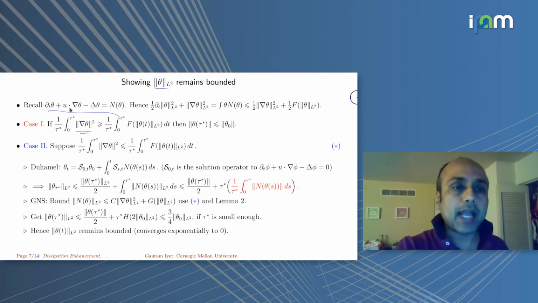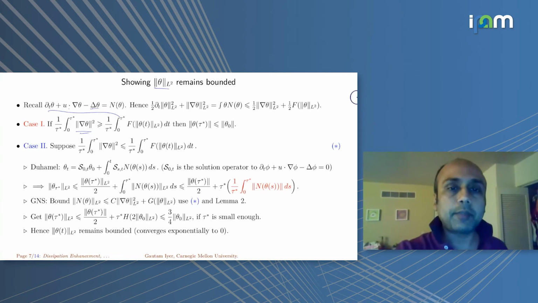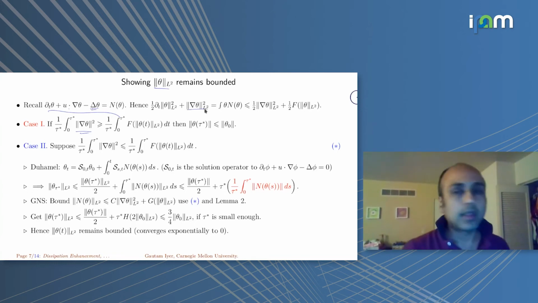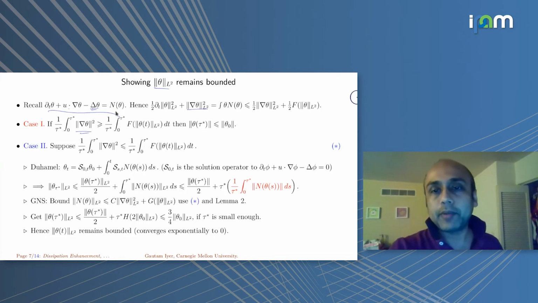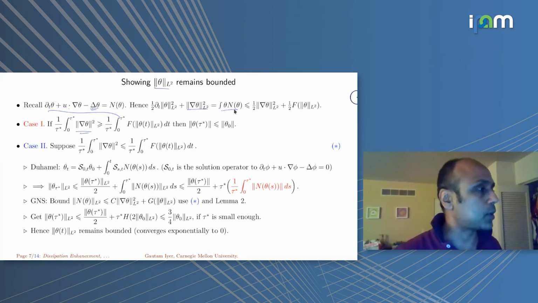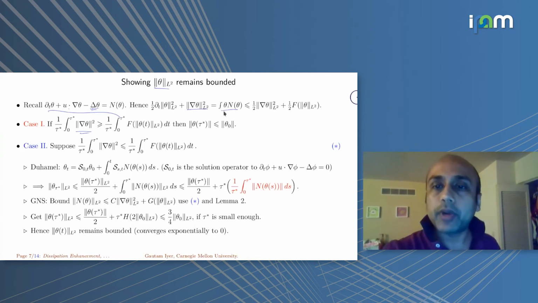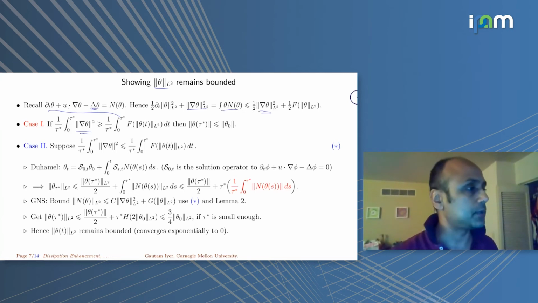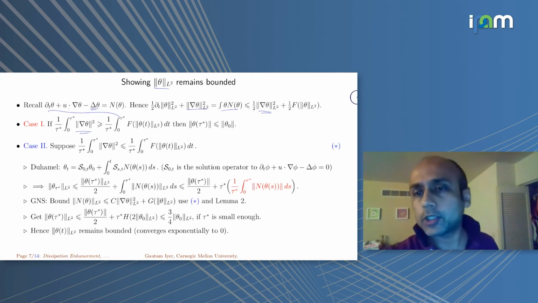Convection goes away, and the Laplacian gives me the gradient of theta squared. What does the nonlinearity give me? It's the integral of theta times n of theta. Suffer with some Gagliardo, Nirenberg, Sobolev and see what you can do. Let me bound it by one half times the L2 norm of the gradient of theta, plus some function of a lower order norm.